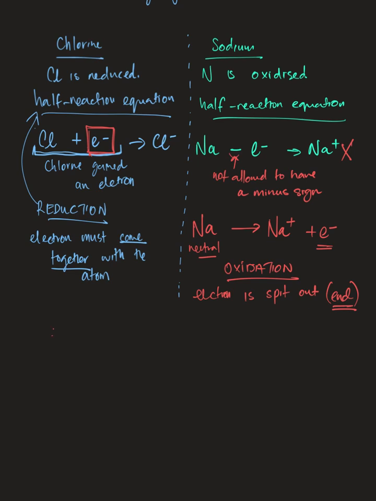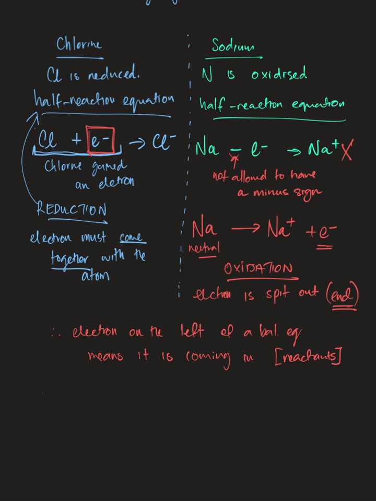So I can say that an electron on the left of a balanced equation means it is coming in, because it's on the side of the reactants.